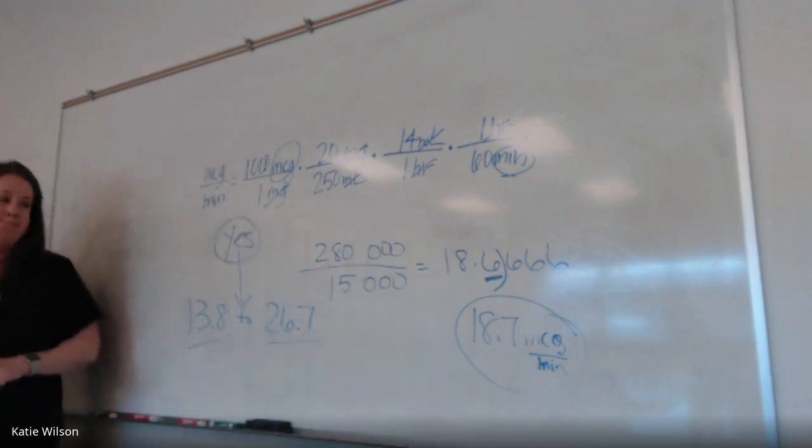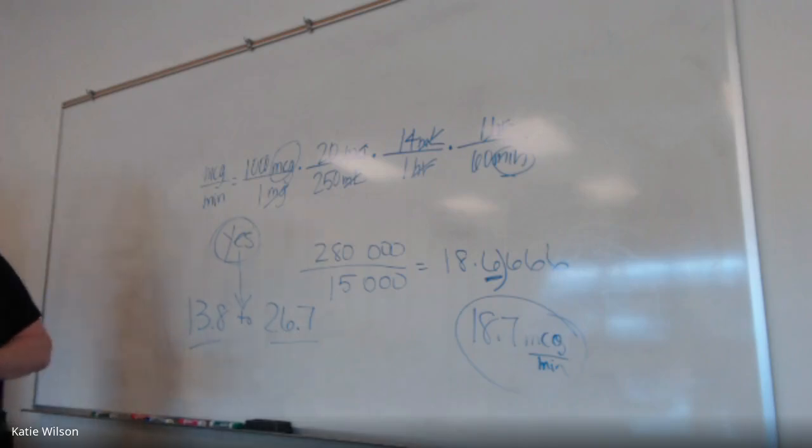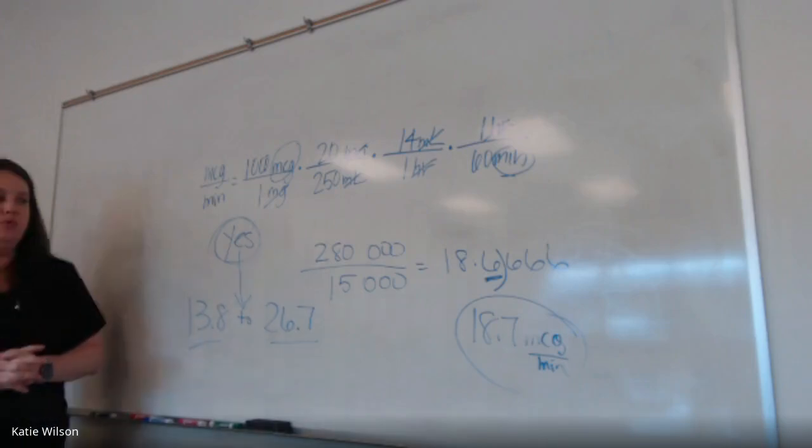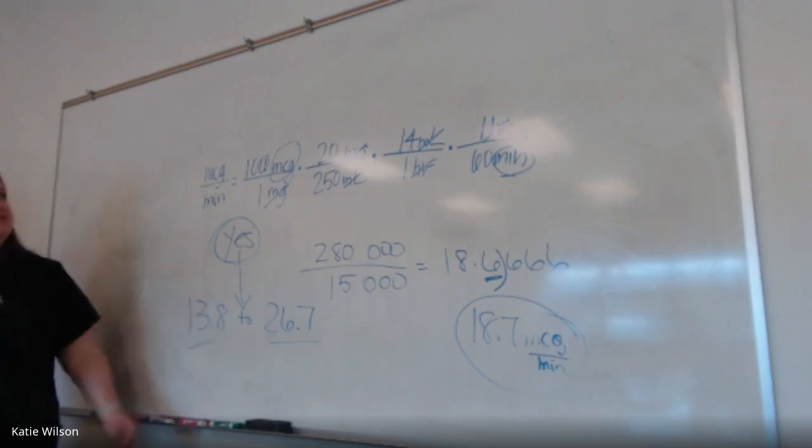Okay. The good news is you're not going to have probably, if you had any on your final, you might have one, but I doubt that there will be any like this on your final, but we still need to attempt to try to figure out how to work them out. Okay.